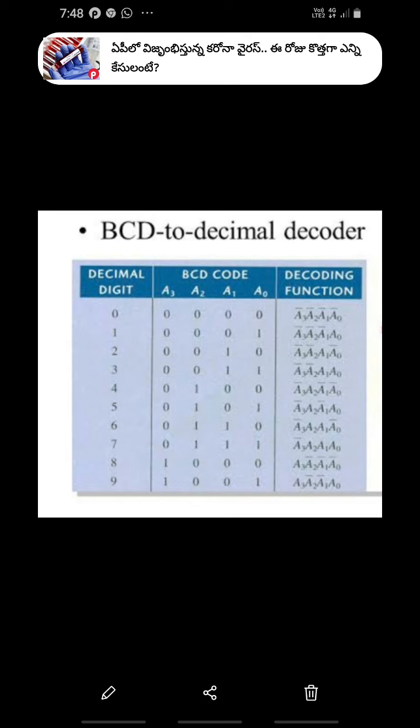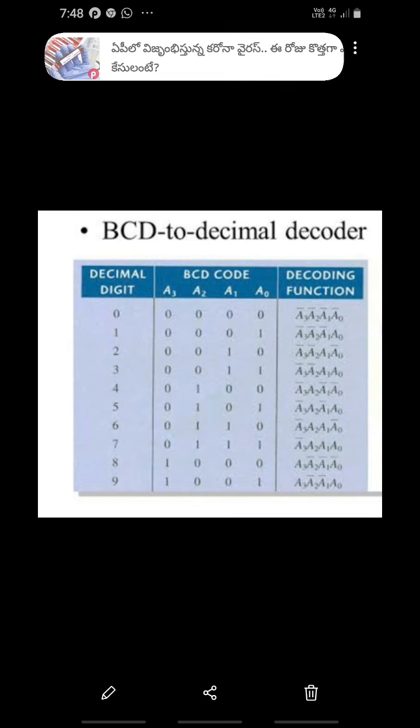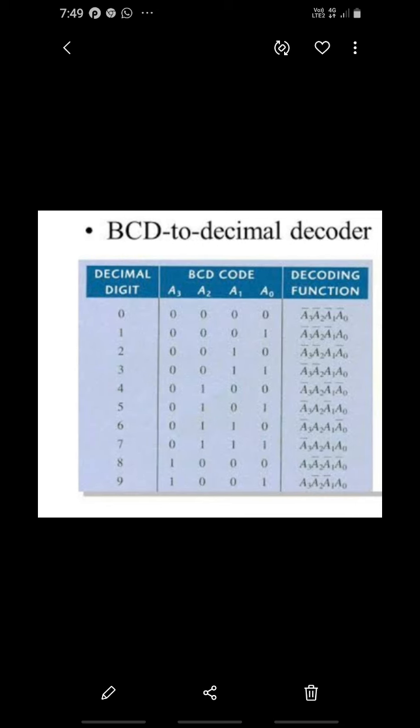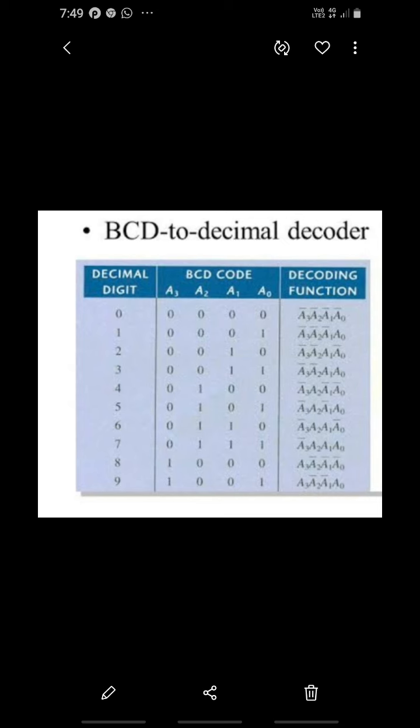The next, take y6. It is equal to A0 bar, A1, A2 and A3 bar. And the next, y7 is equal to A0 bar, A1, A2, A3.